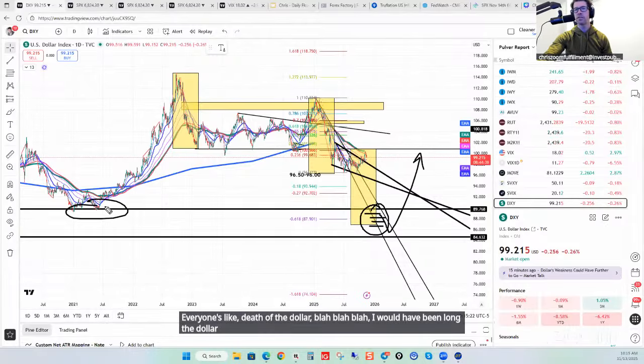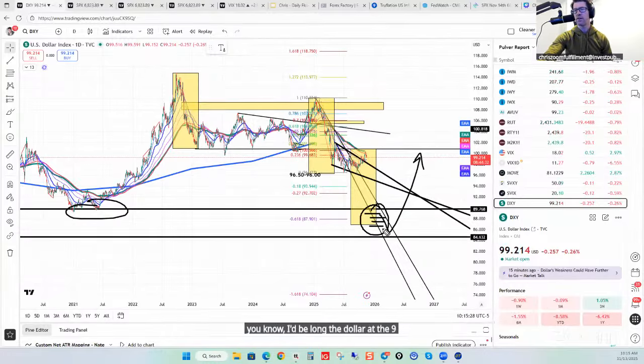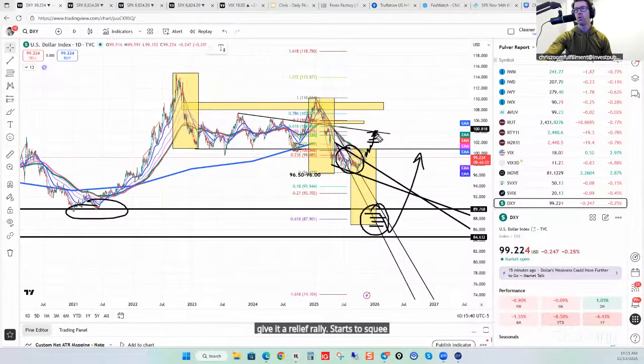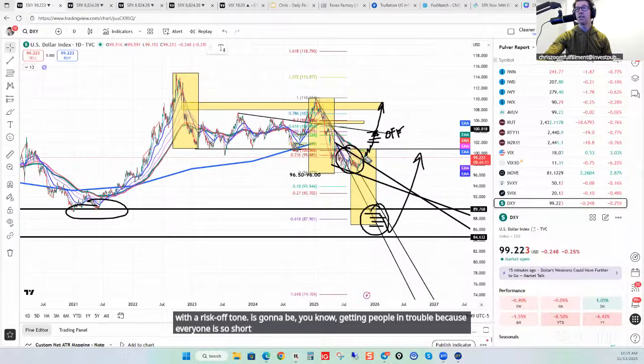If it came down to these levels, which we haven't seen since the early 2020s, I'd be long the dollar at the 90 handle or 85 handle because technically it's overcooked. But if we go back up right now, that takes this crowded dollar short and starts to give it a relief rally, starts to squeeze it higher. My concern is that type of move with a risk off tone is going to get people in trouble because everyone is so short the dollar and so long assets, and it just flips into a risk off environment.